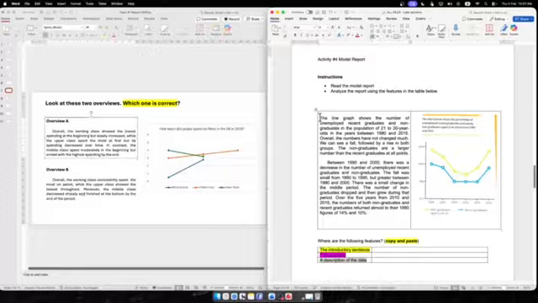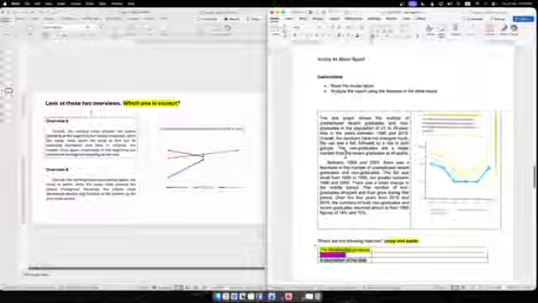Okay, the introductory sentence. When you see the word introductory, you always think of something that comes in the beginning, and if you think like that, then you are correct.